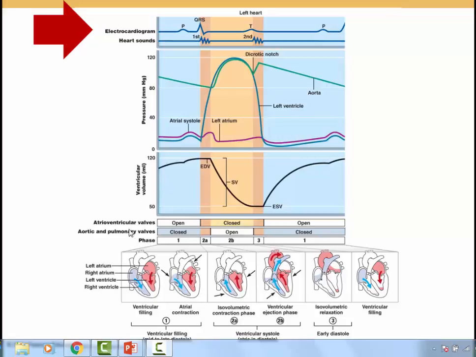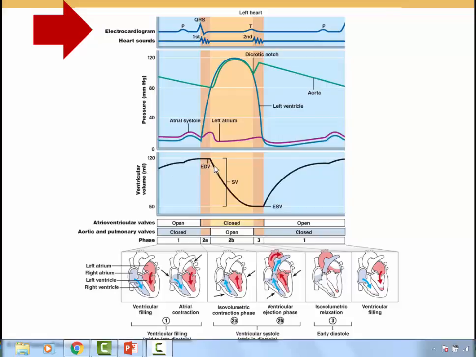And I had mentioned we were going to go through all the physiology, each of these components, talking about that electrical system throughout your heart, that conducting network that allows for those muscles to contract, gives them signaling. We're going to talk about the heart sounds. We're going to talk about volume in the heart.